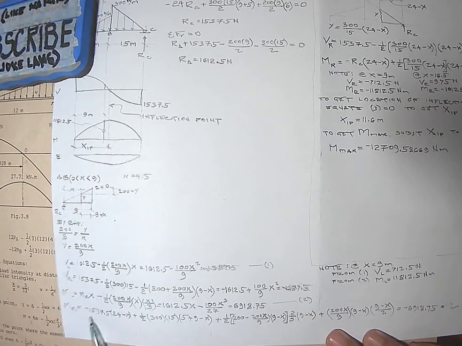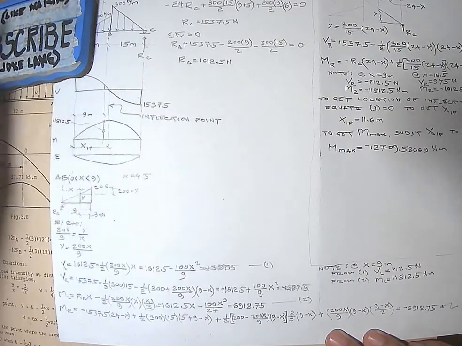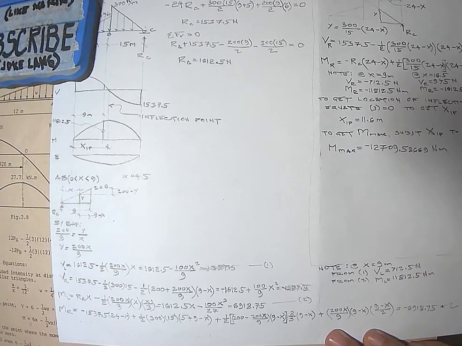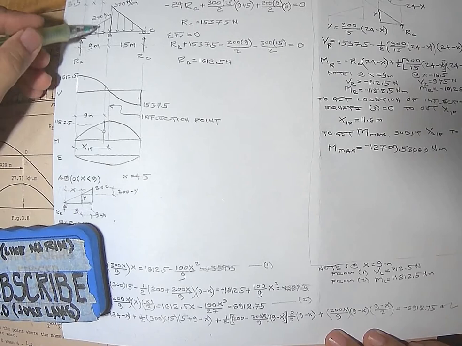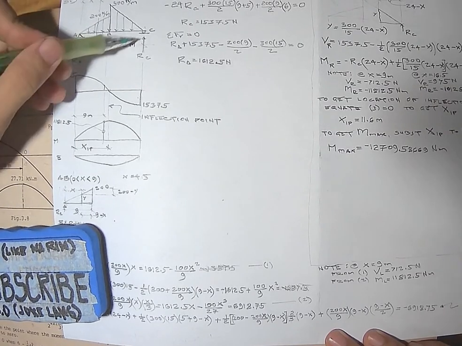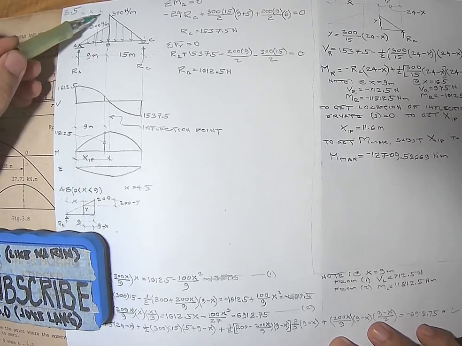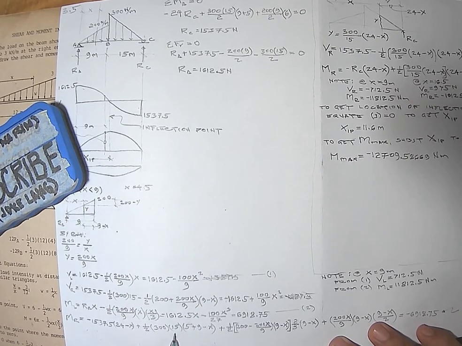Moment at right now would be reaction C times the lever arm of 24 minus x. Remember that from this cut section, the distance is 24 minus x.